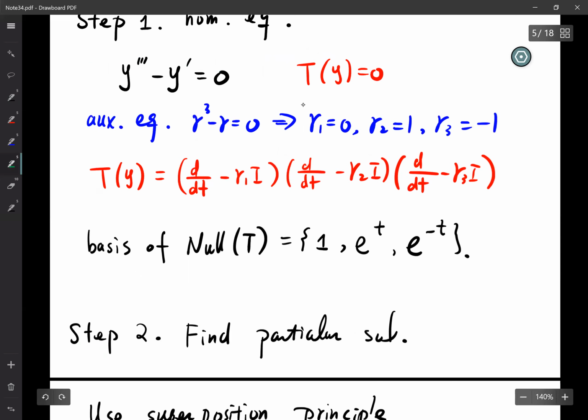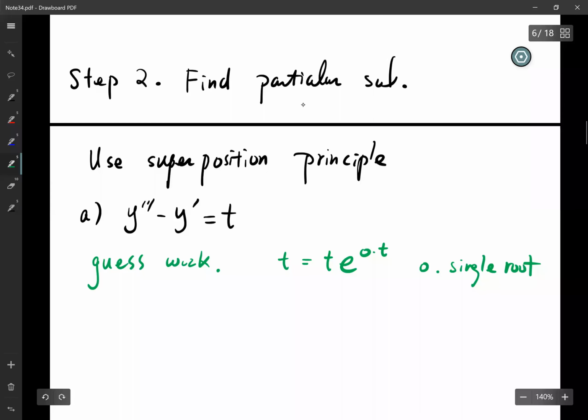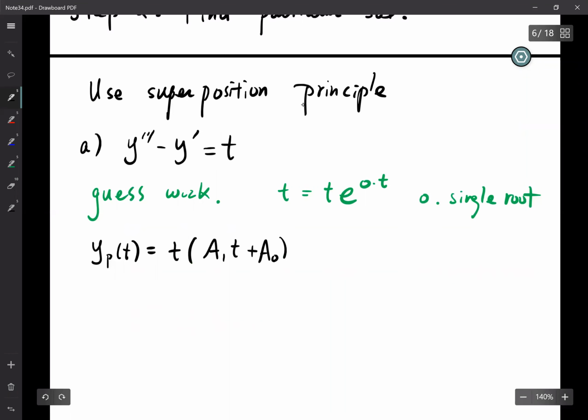The 3 roots are 0, 1, minus 1. So 0 is a single root. So presumably, when I multiply by t, it should take the form a1t plus a0. Okay, so let us now try to work it out.